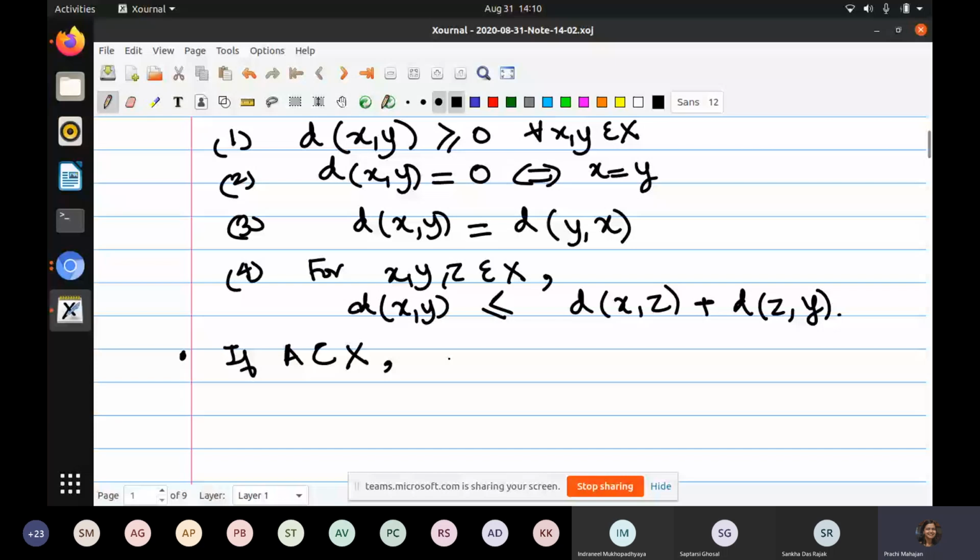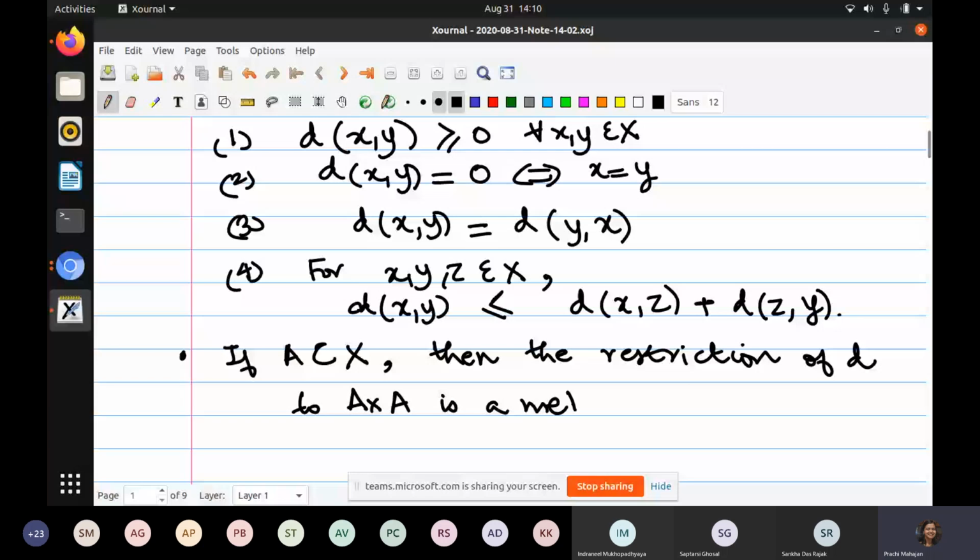Given A a subset of X, the restriction of the distance function D to A cross A is a metric. We call it, say, rho on the set A. So given a metric space (X, D), I have a function D satisfying this.